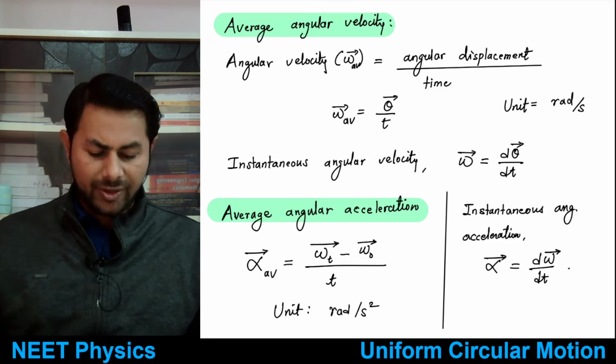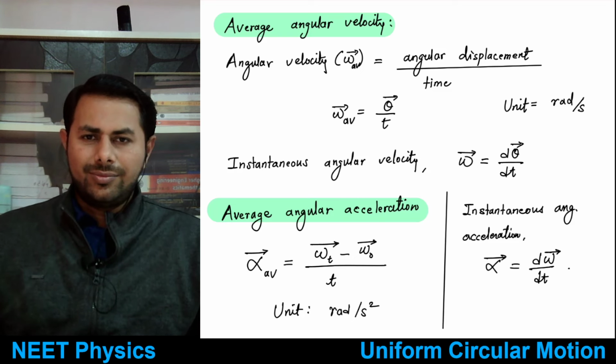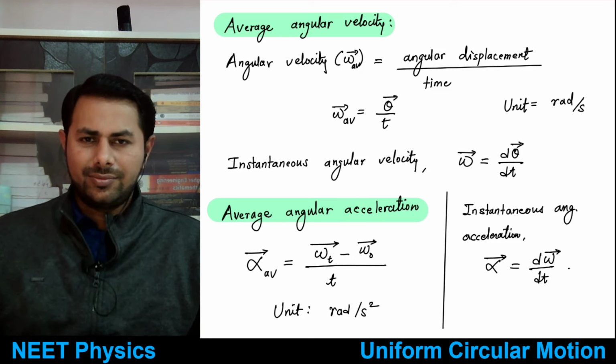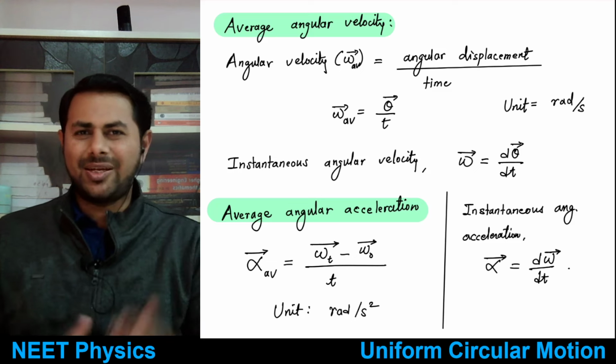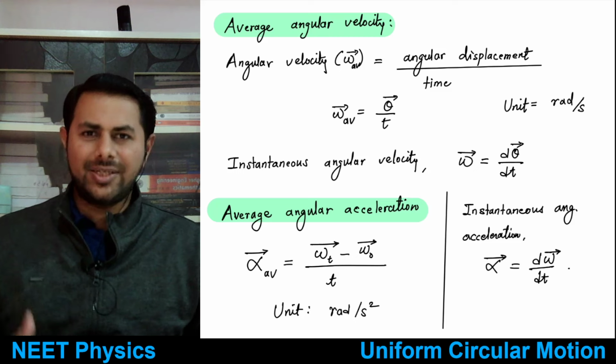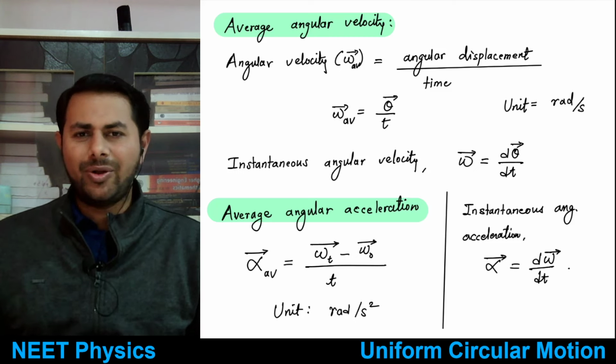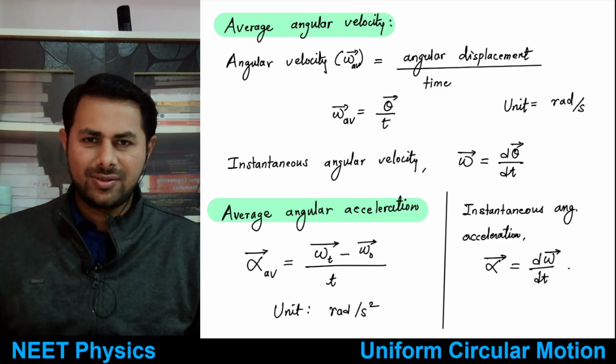It's very, very simple. See, if angular velocity is increasing, the acceleration is in the same direction as the angular velocity. If it is decreasing, the angular acceleration is in the opposite direction of the angular velocity, right?